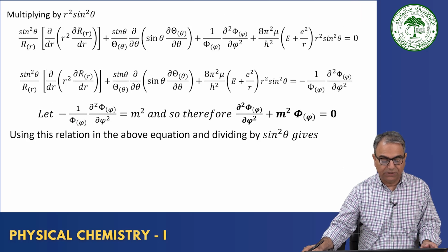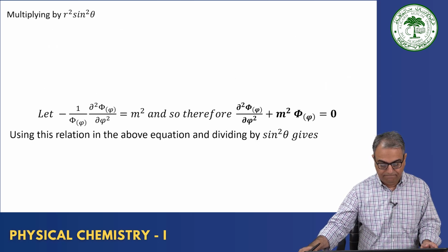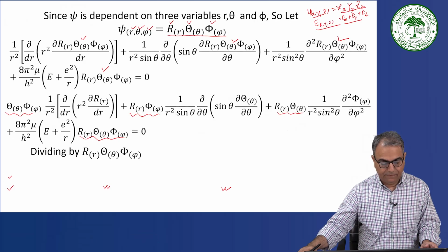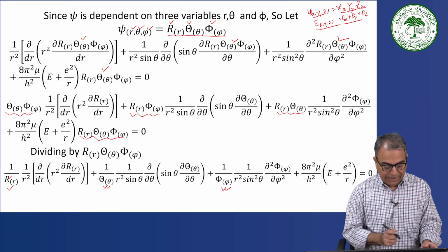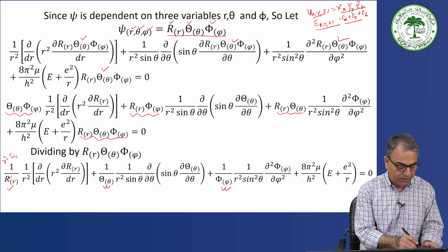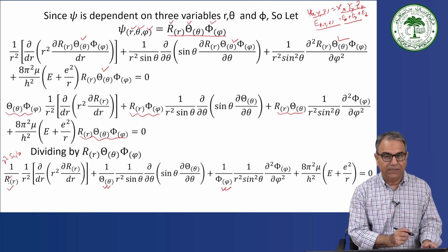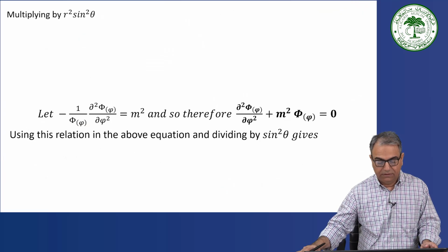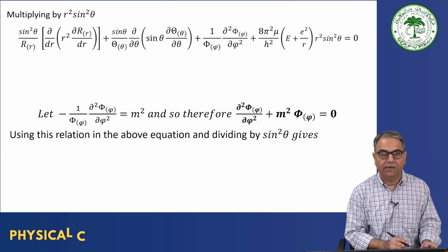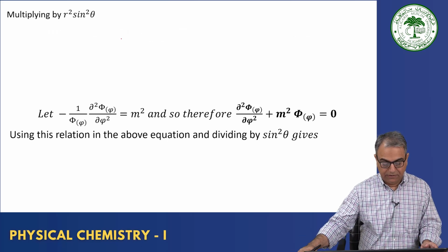Then you multiply this equation by r square sin square theta. If you multiply by r square sin square theta, what do you get? This r square and r square will go, and you will have sin square theta divided by R, R. Here you will get sin theta divided by Theta, Theta.